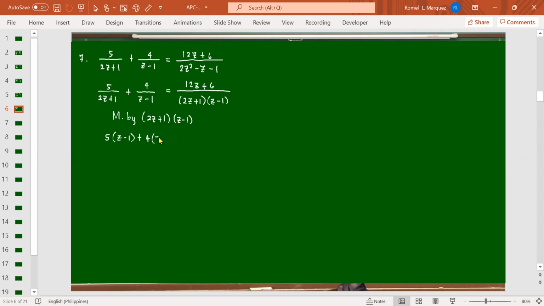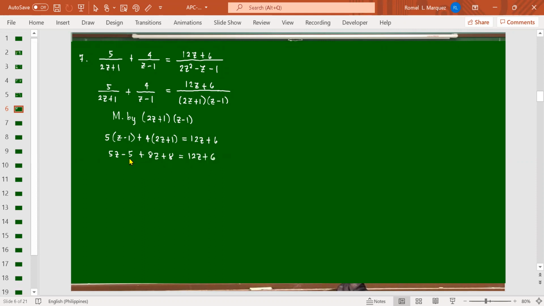So leaving 2z plus 1. What about on the right side? So just the numerator of this, no? 12z plus 6. 5z, then minus 5. What about the second term? We'll have 8z plus 8. The right side, just copy.